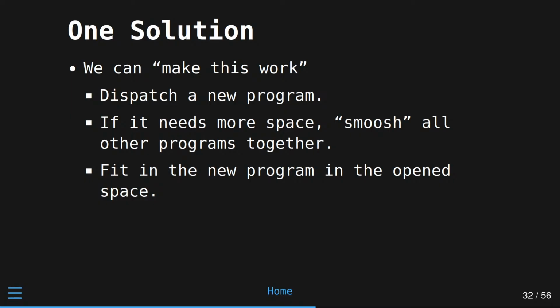This makes sense because the OS is the one that puts you at a certain location in memory when you start executing anyways. So we know the OS has the power to grant you certain regions of memory for your execution. So the new program is requested. The OS takes the existing programs and this is the technical term, it smooshes all of them together, right?